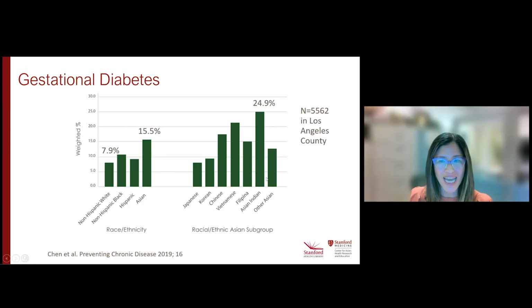And then when you disaggregate data, once again, the Asian Indian population has the highest prevalence, but it's also high in this particular study in women of Chinese, Vietnamese, and Philippine background as well.